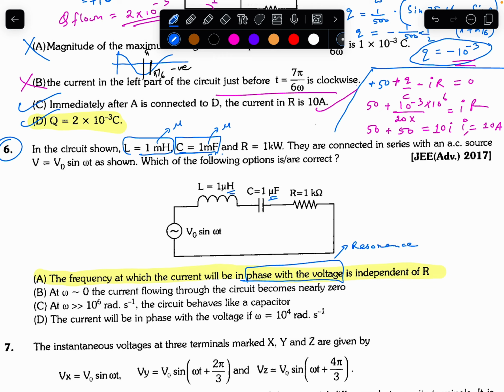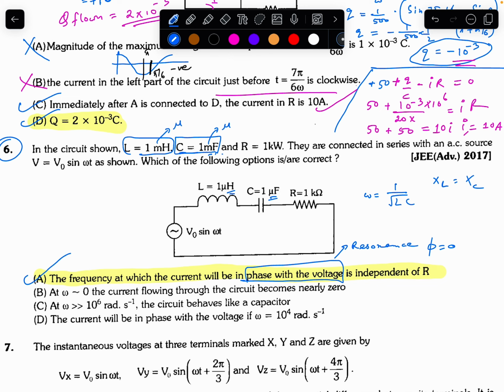Correct. At resonance phi is equal to 0, so current is in same phase with the voltage. So if phi is 0, I can write omega equal to 1 by root of LC. I think you know this. XL equal to XC for resonance. So definitely omega is independent of R.